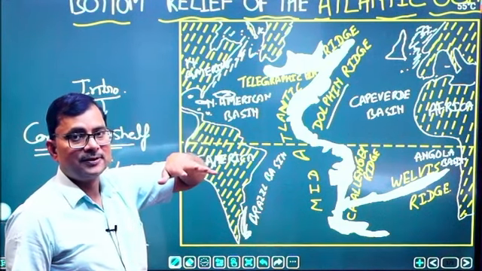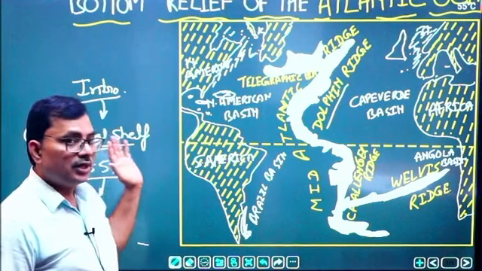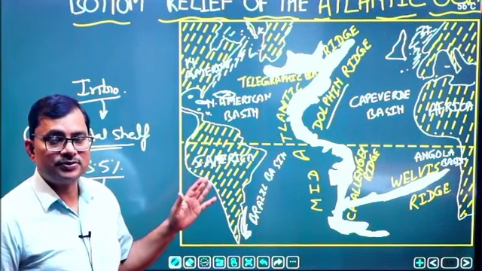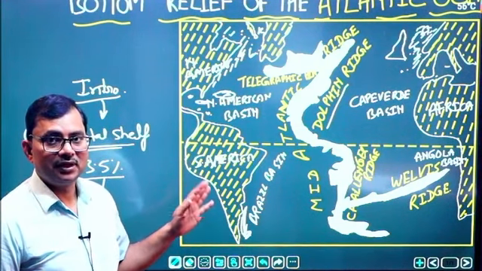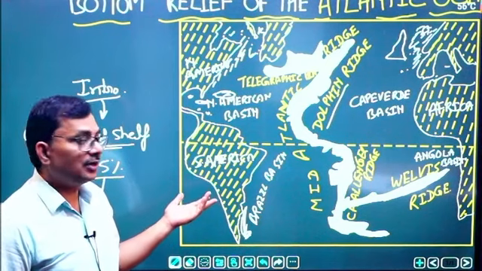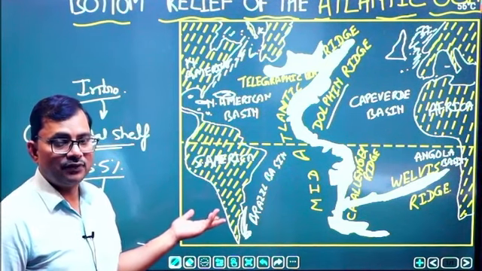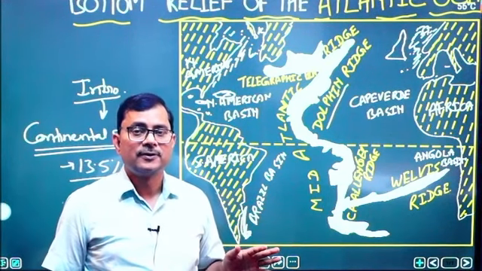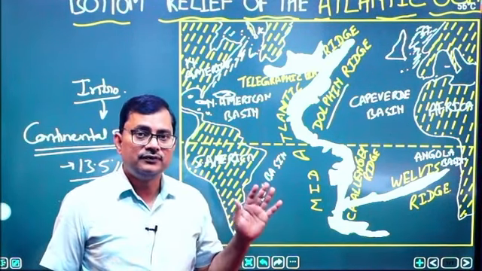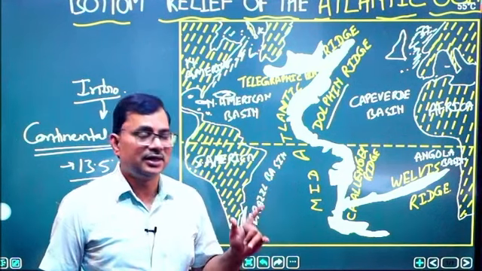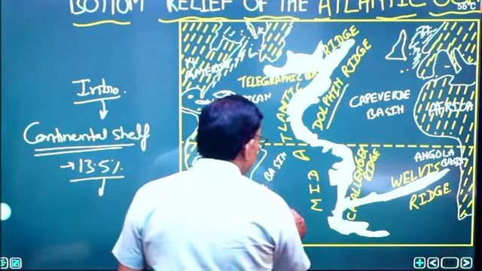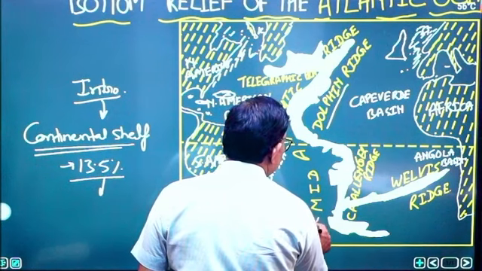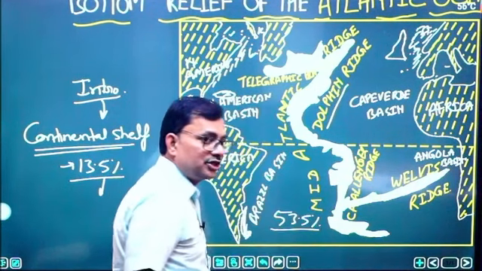So you can mention, so simply you can say in the bottom relief of the Atlantic Ocean we can discuss their continental shelf, their slopes, and then after you can discuss the abyssal plain. If you discuss the abyssal plain, you can say in the Atlantic Ocean near about 53.5% area, ध्यान रखिएगा, near about 53.5% area is covered by abyssal plain.